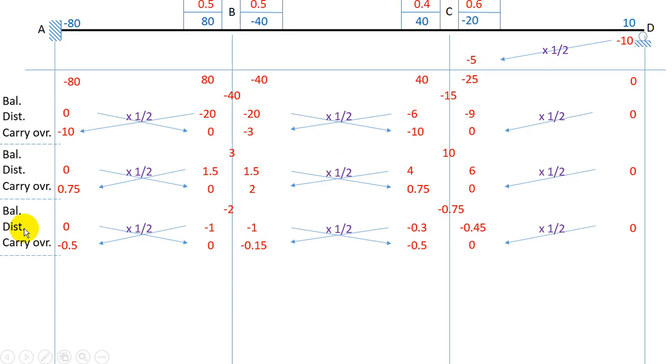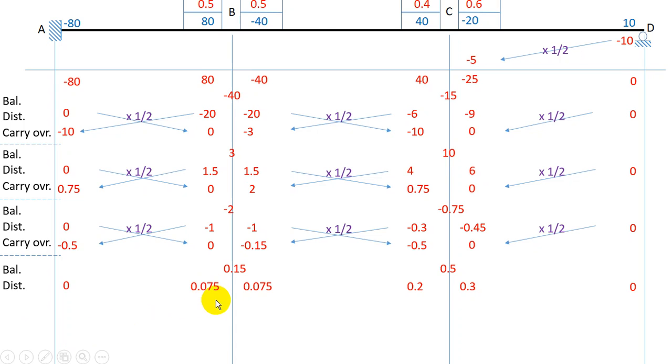Now you saw my distribution has come down to 0.3 and 0.45, but I still want a lower value. So let us try with another iteration and check if we get a very small value.